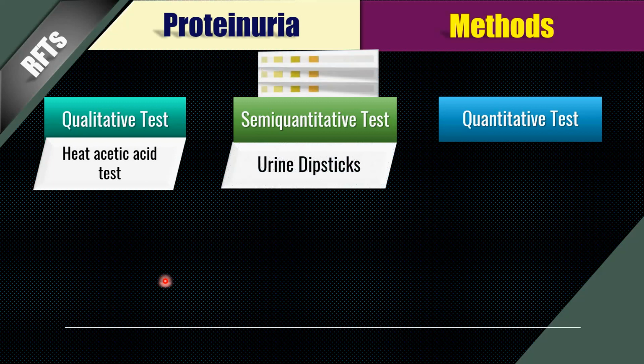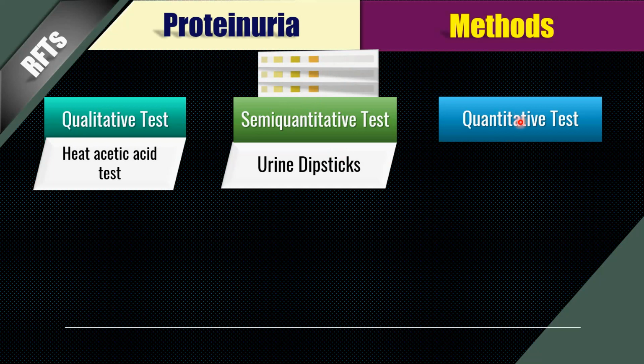The semi-quantitative test is more routine, done in almost all laboratories. It is the dipstick test. The principle used is dry chemistry. I have mentioned it as a semi-quantitative test because based on the intensity of the color, we say the approximate amount of protein present in the urine. It is not the exact concentration of protein in the urine.